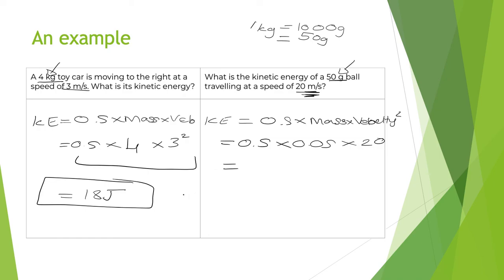Remember, the velocity is squared. That's how people normally lose their marks, and you will get an answer of 10. Remember your units, joules, and that will be your final answer.